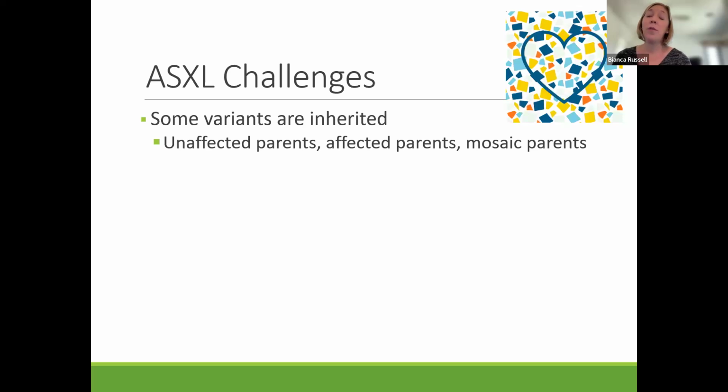When these changes come from unaffected parents, it's possible that these may be benign changes that have no impact, and therefore they come from a parent, but it's not the answer for that child. It's also possible that something happens when those genetic variants get transferred from a parent to a child. And so a parent is not affected, but their child may be affected. And these are questions that we still have a long way to go to truly understand.